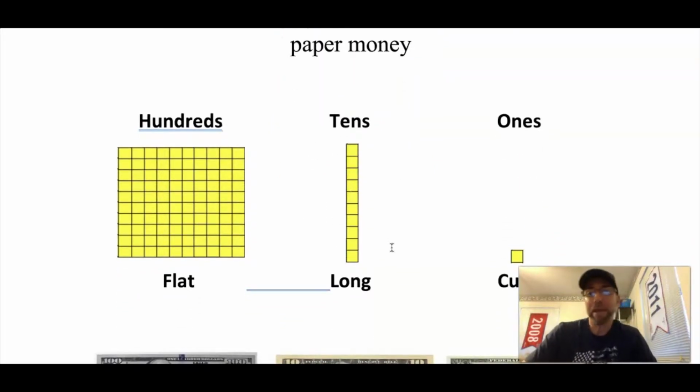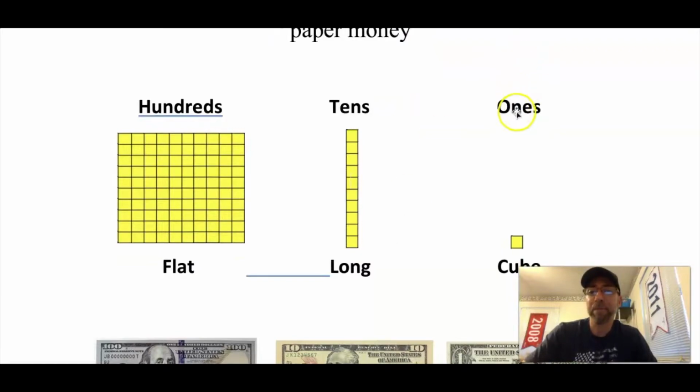So you might remember in our place value, we have the ones place, the tens place, and the hundreds place. And we have 1 cube, and then we can have a long would equal 10, and then 100 is a flat. And we use those place value blocks, those base 10 blocks we call them.